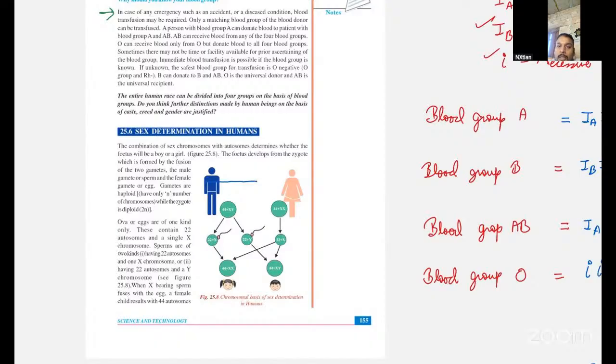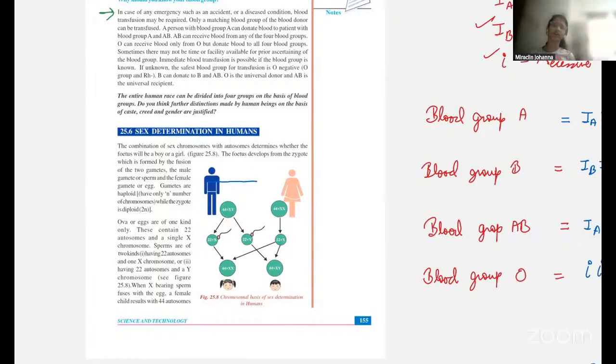So if your mother or your father are not O blood group, it means that they have a heterozygous allele. Why? Because capital IA, small i, that's why they have A blood group. Capital IB, small i, that's why they have B blood group. And then your sister gets an O blood group, which is small i and small i. Like that, it happens. Everyone got it?